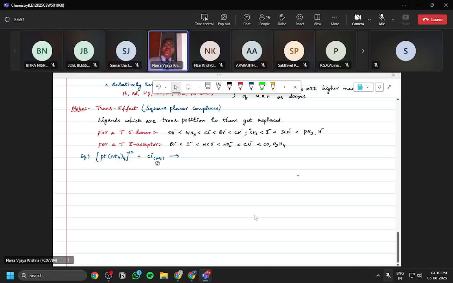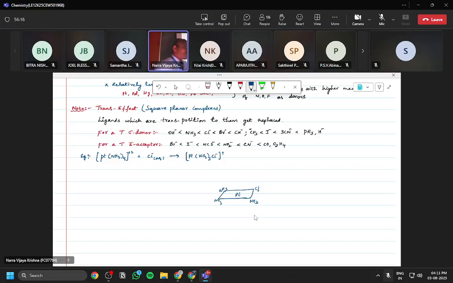Any ammonia I can replace because all 4 are the same. Any ammonia molecule I can replace with Cl minus. So it can form [Pt(NH3)3Cl]+. Can I write the complex in this way? Platinum, NH3, NH3, NH3, Cl.